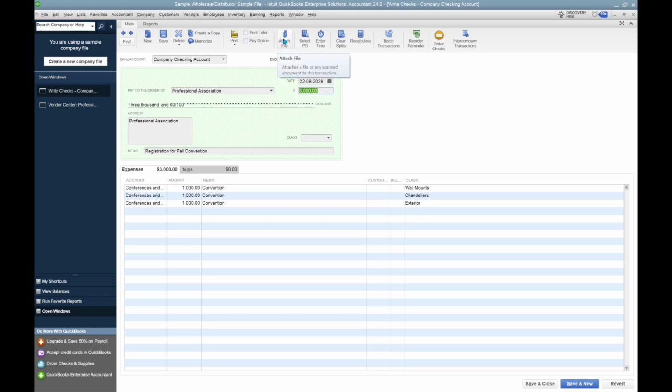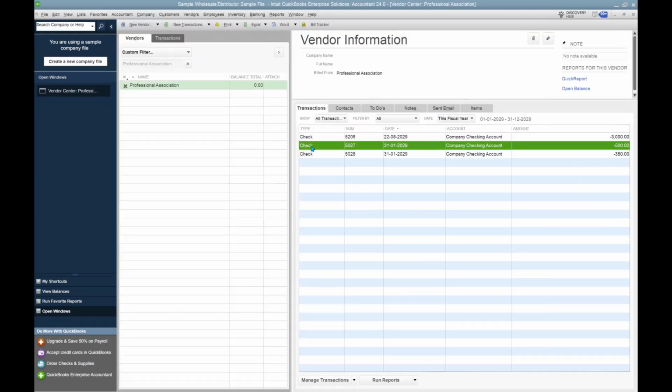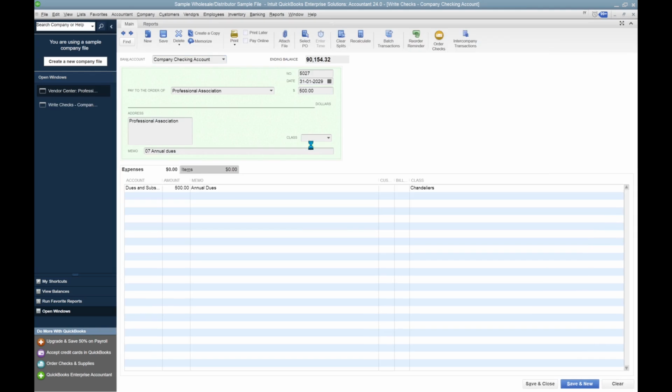And there are no attached invoices or supporting documents. We will need to review all other payments the same way to see if this pattern appears again.